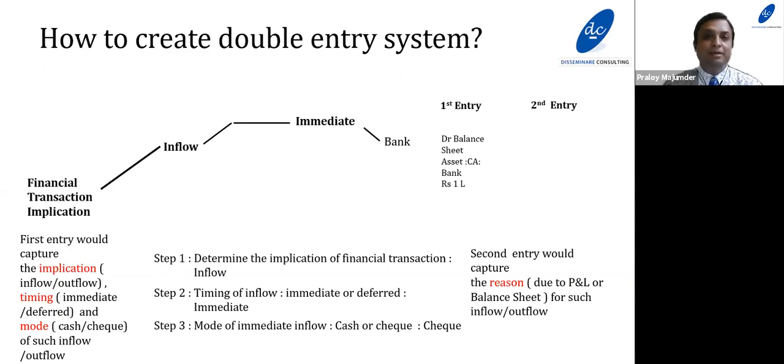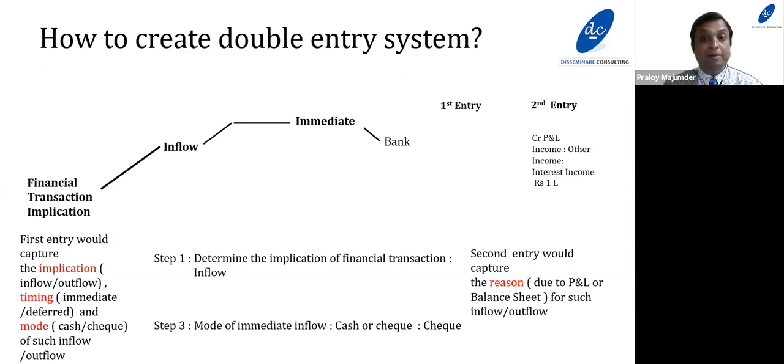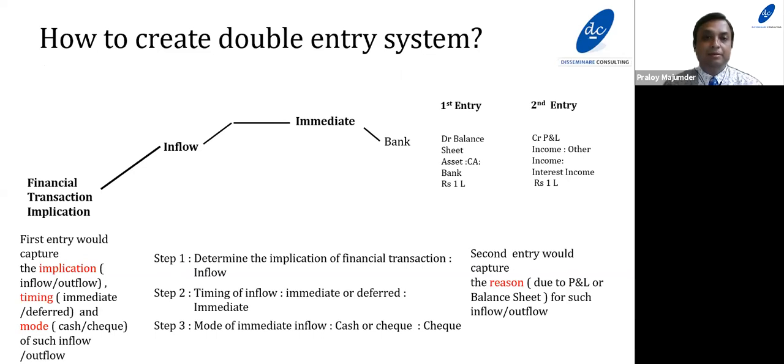Second entry would be P&L or balance sheet? Is it permanent or temporary? It's a permanent inflow. So the second entry would be the P&L income, other income. Same concept: if some income is other than main sales, then that is called other income.